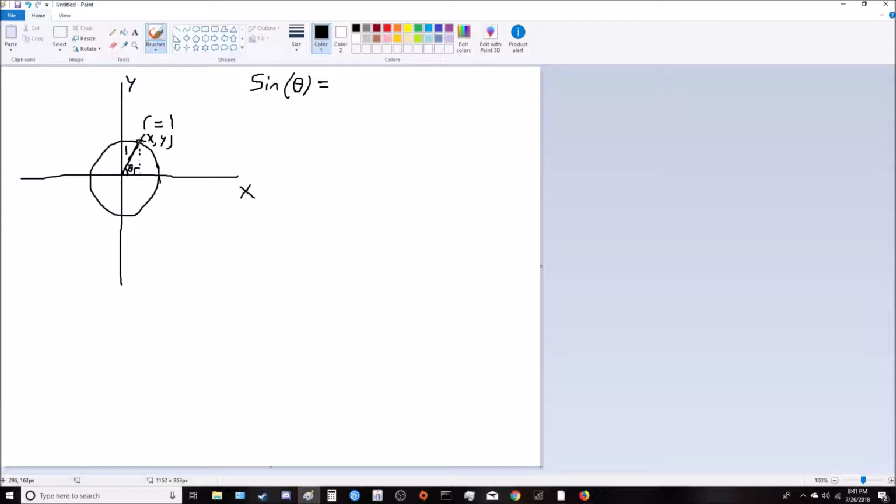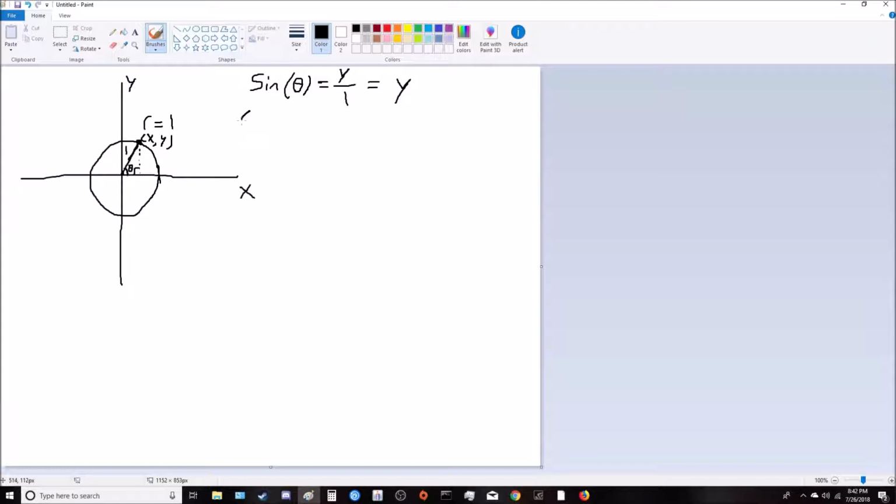This is wherever our radius vector meets the circumference. We know that the opposite side represents the vertical component of this point, the y component, and thus it is the y value of this coordinate. And the radius we've defined to just be 1. So the sine of the angle along the unit circle is just equal to the y coordinate.